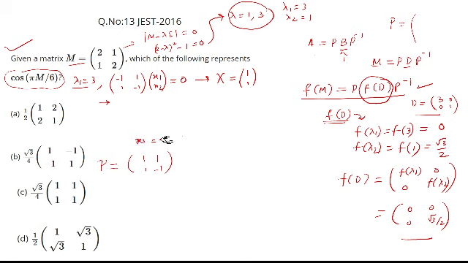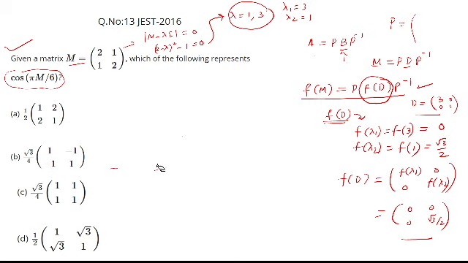So we get the P matrix. Now we need P inverse also. P is 1 1 1 minus 1.